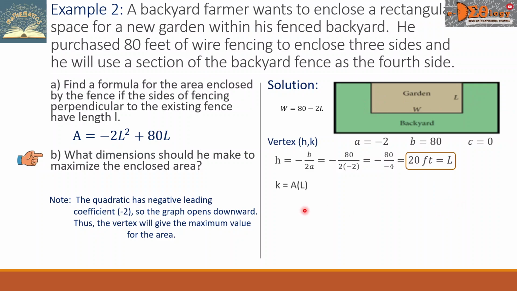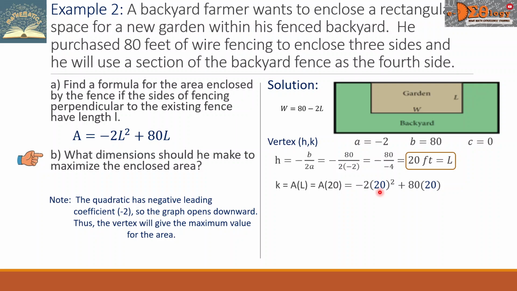Now, what about the k? The formula is the area formula with respect to L. Our L value is 20, so we have A of 20. We substitute this 20 to the L, so we have negative 2 times 20 squared plus 80 times 20.